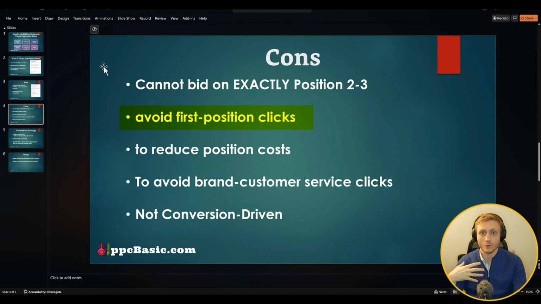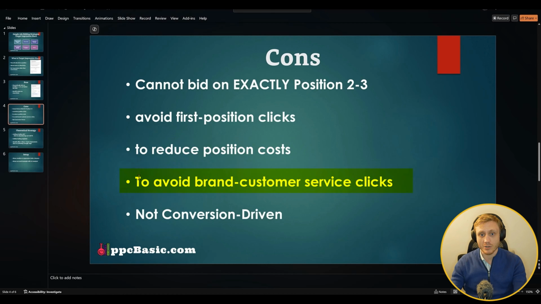Someone like myself who focuses on conversions, I don't want those types of clicks unless they are clicks ready to convert, rather than just clicks of people who just click the very first thing they see and end up wasting your ad budget. And the other thing is that position 1 is the most costly. So I don't want to be paying full price for position 1 when I'd be totally happy with paying for position 2, which could be either 60%, 50%, or even 40% of the cost of position 1.